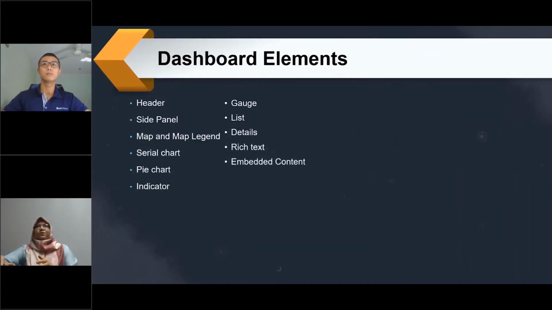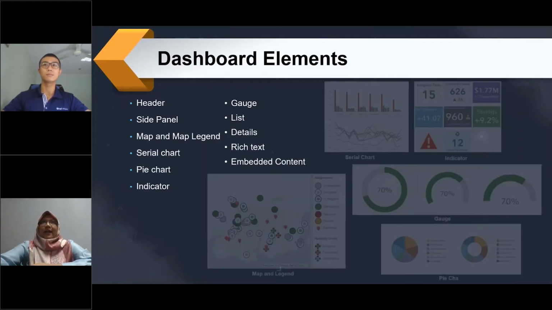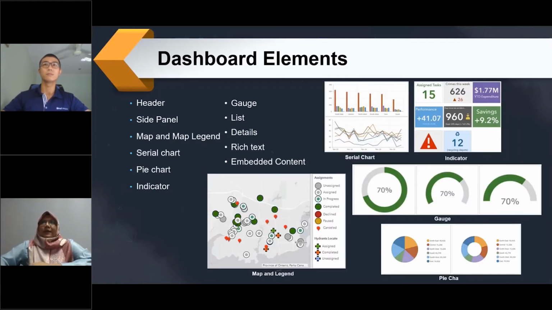So in the dashboard, we have all of these elements. We have 11 elements that you can actually use to create such an interactive dashboard. We have the header or side panel, to put the title of your dashboard and also put your filter on it, and then we have the maps, of course, and the serial chart, the pie chart, and each of the elements here are not focusing on the same design.